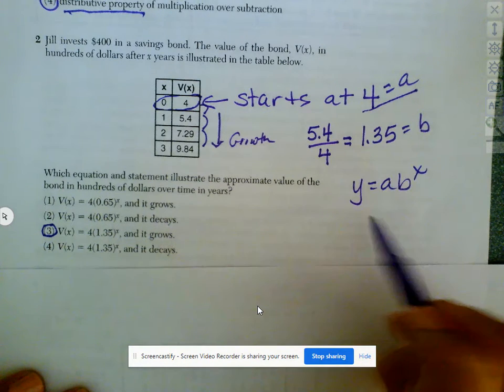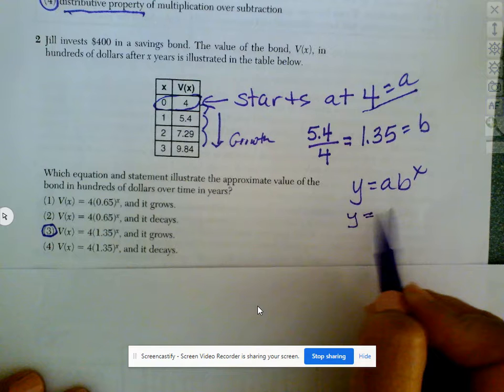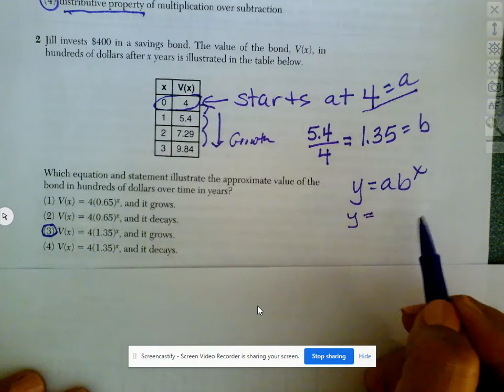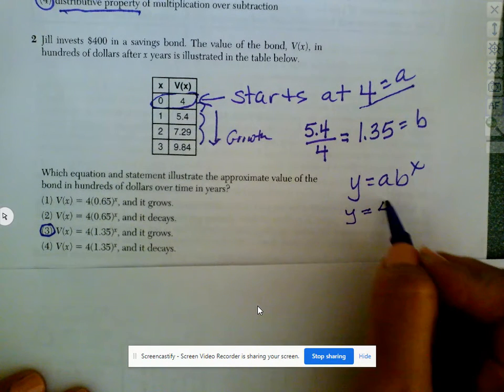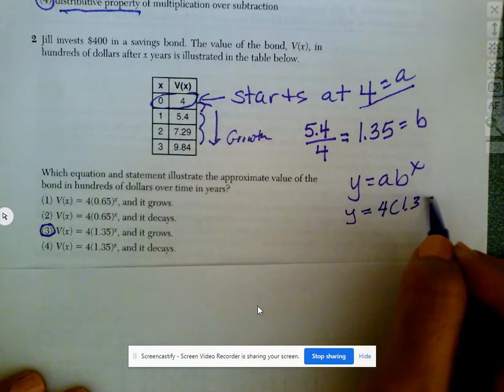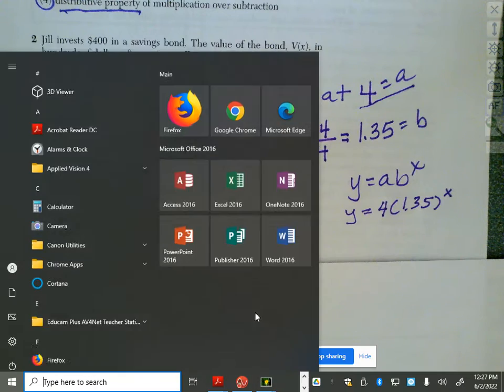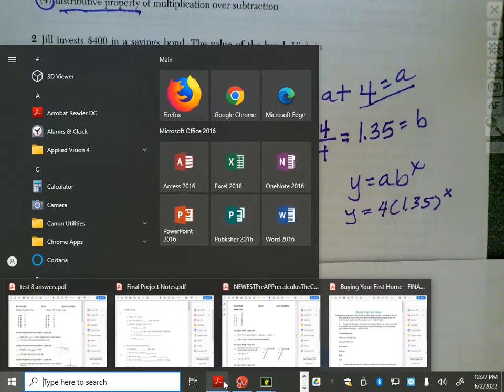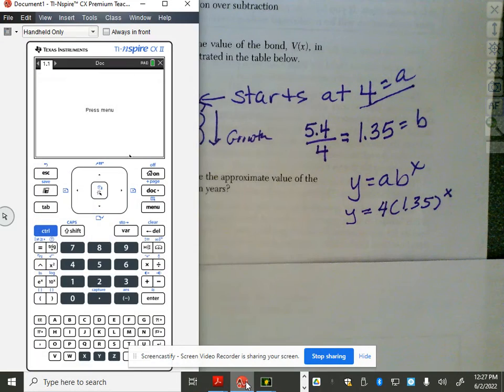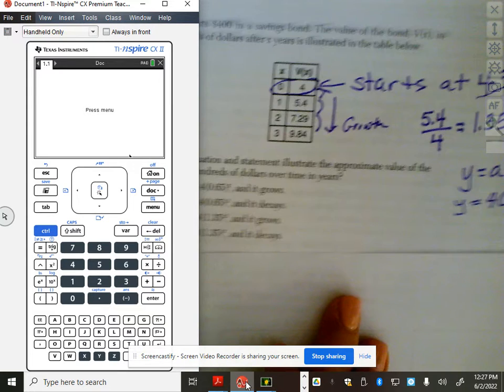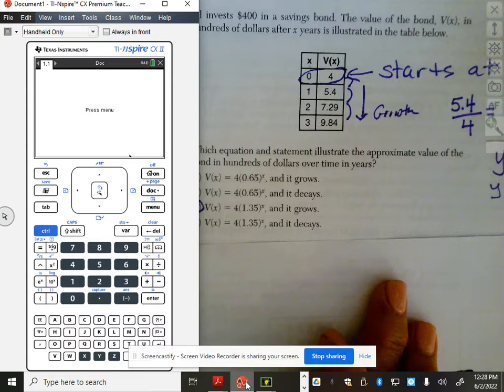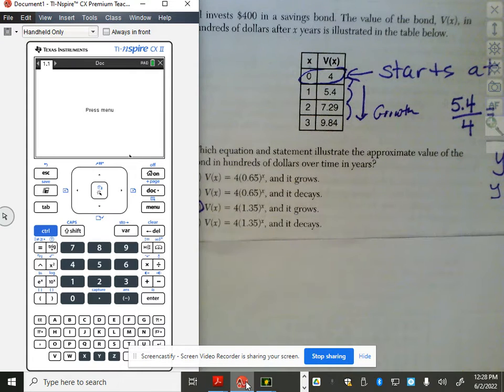So we sub into the formula y equals a times b to the x, which is the exponential formula, and you get 4 times 1.35 to the x power. If you could not do that, you forgot totally what it is, I highly recommend you take each of the solutions here and type in the numbers until you find one that works.